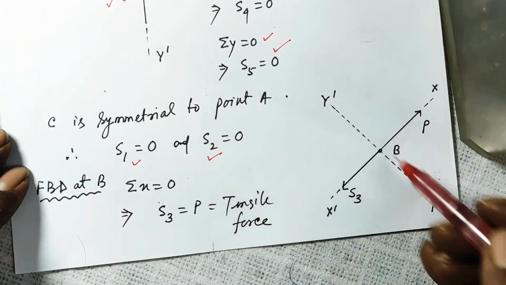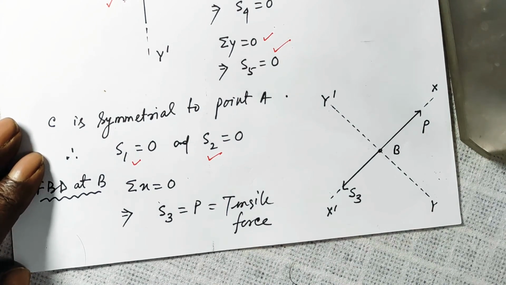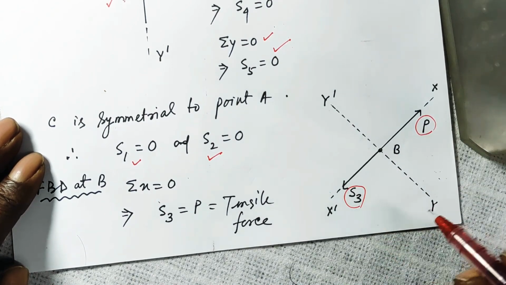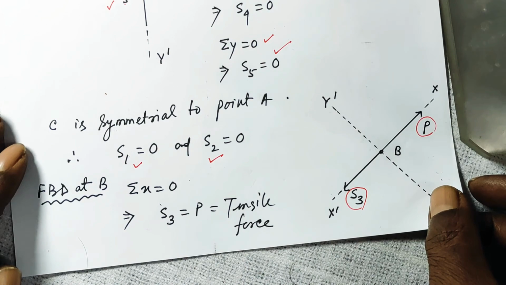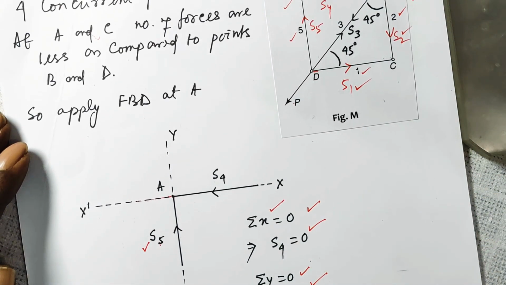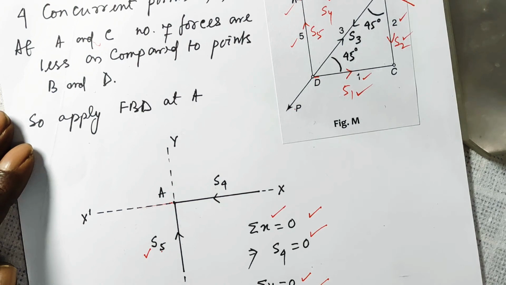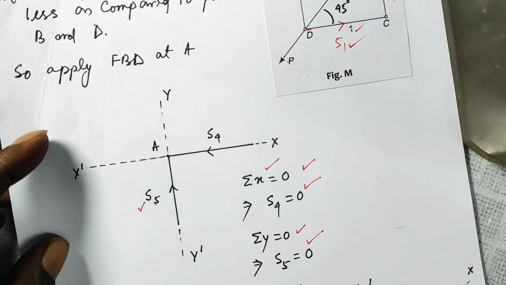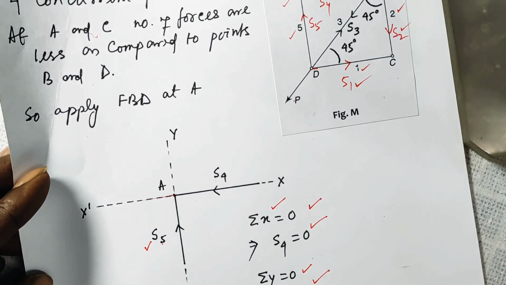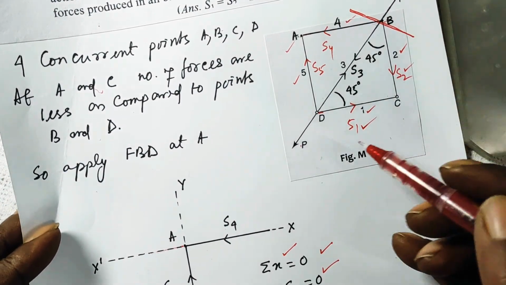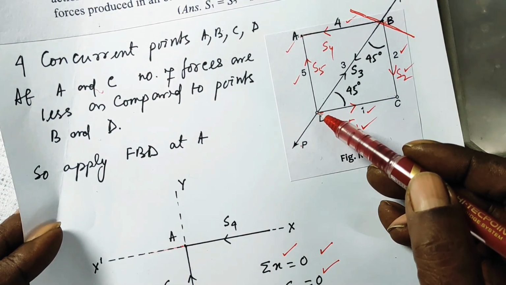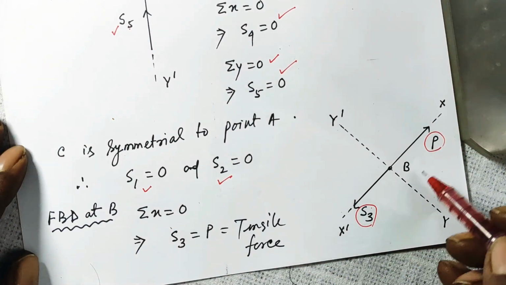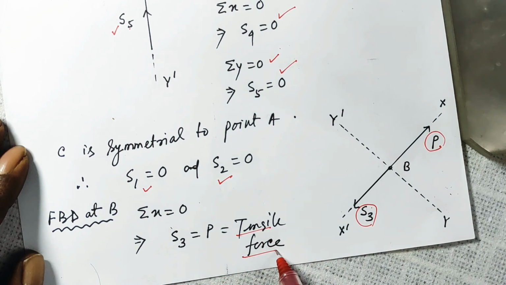So if you apply sigma x equal to 0, and look, P is opposite to S3, where S3 is the tensile force in the bar BD. Because the bar BD is under extension, the tensile force will be away from point B if you consider point B. It will be away from point D if you consider point D. So applying sigma x equal to 0, your S3 is equal to P, and it is a tensile force.